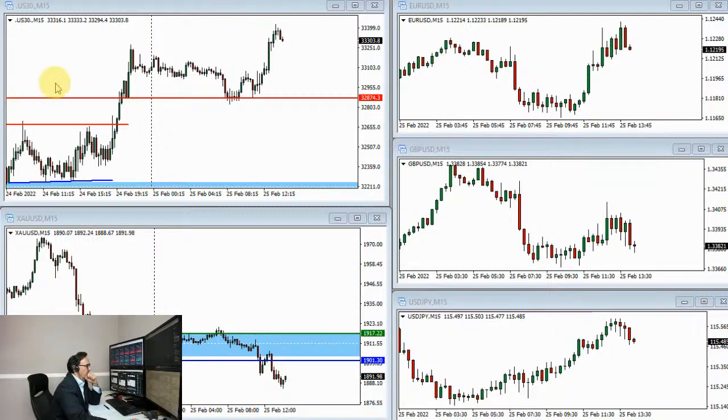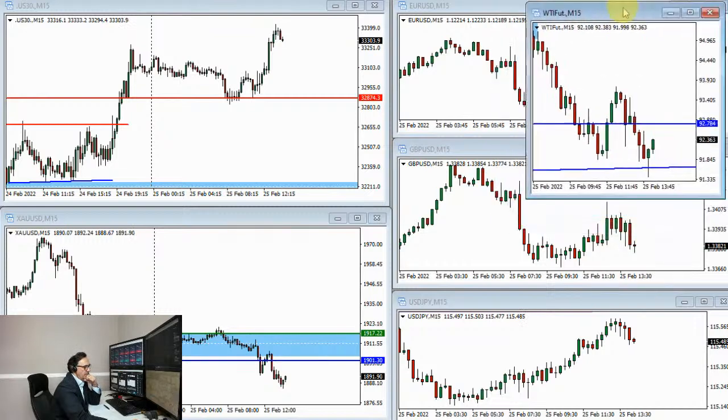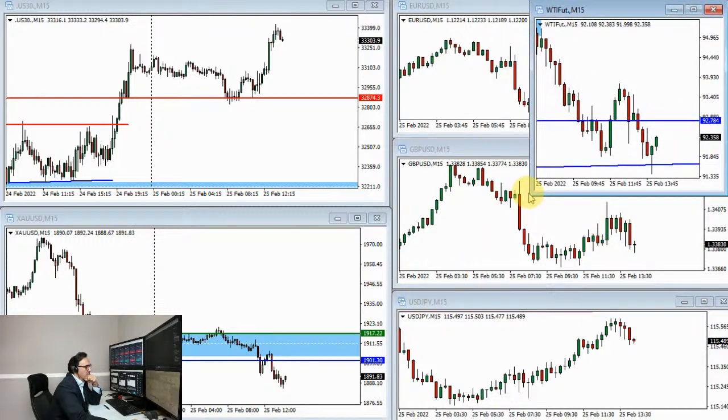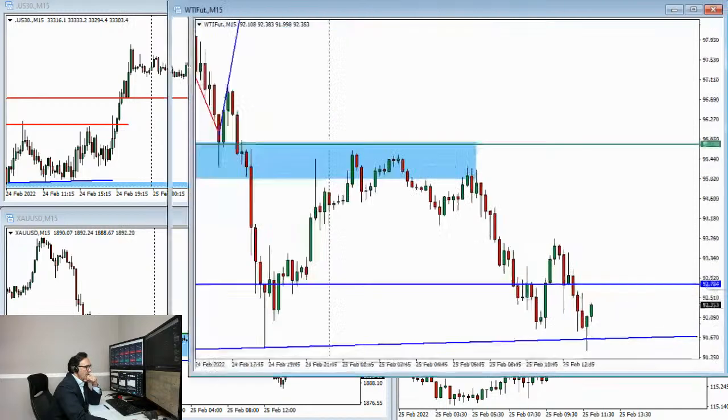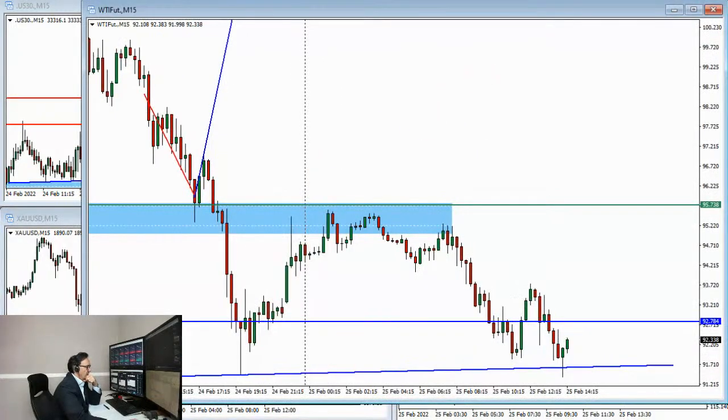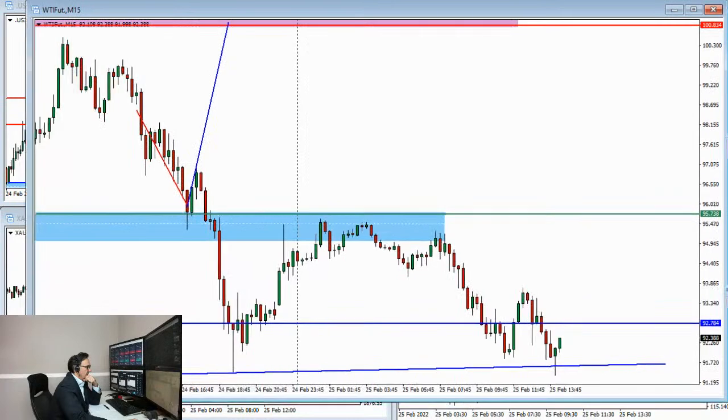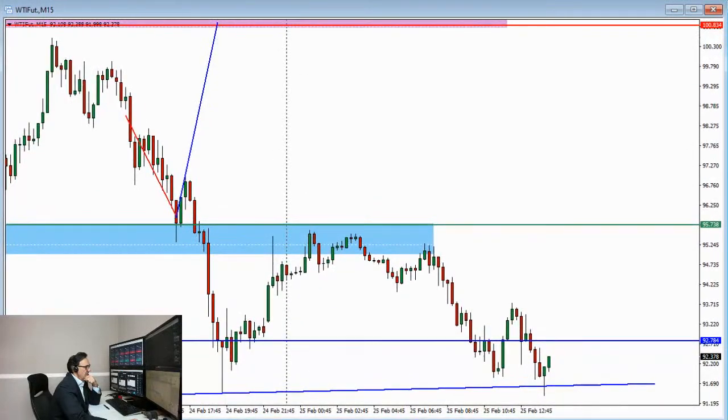I'll tell you what I've done with oil right now. And then I'll update the positions a little bit later. But this is a little bit speculative. Here we go.